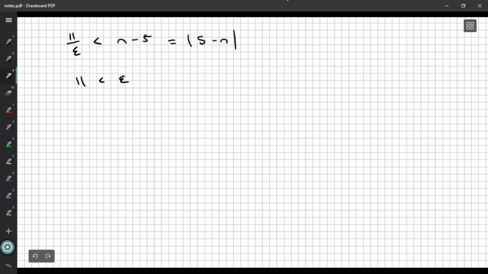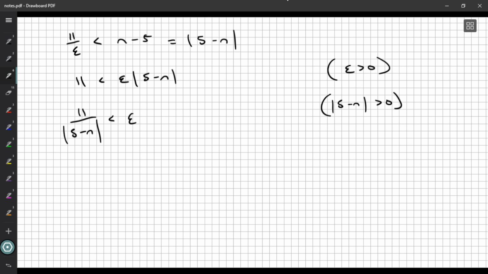Okay, slowly we just multiply both sides by epsilon. If you want to, make a comment like epsilon is positive, explaining that the sign isn't going to change. Okay, you can make a similar comment that the absolute value of 5 minus n is positive, so the sign isn't changing. Okay, and now this was just our fancy way of writing our conclusion, so we just expand it out.